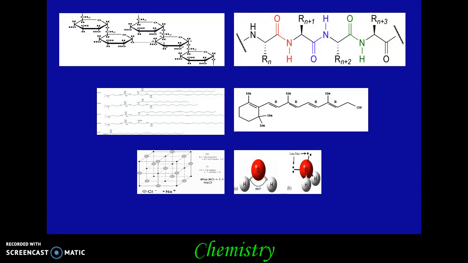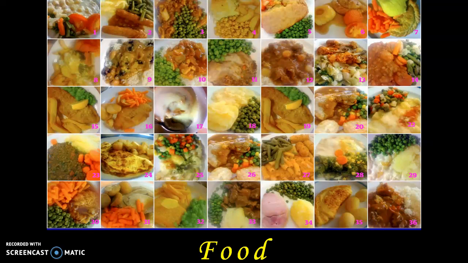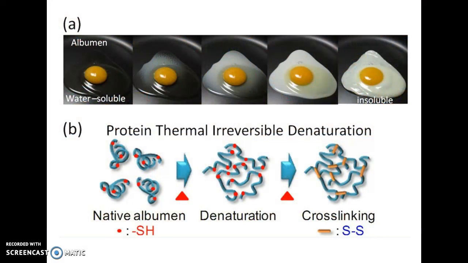So we can find our food in terms of those figures: carbohydrates, protein, fats, minerals and vitamins. That is why we have taken this particular topic: you can know your food in light of chemistry. The first example: if you have a raw egg and you poach it, what changes happen?